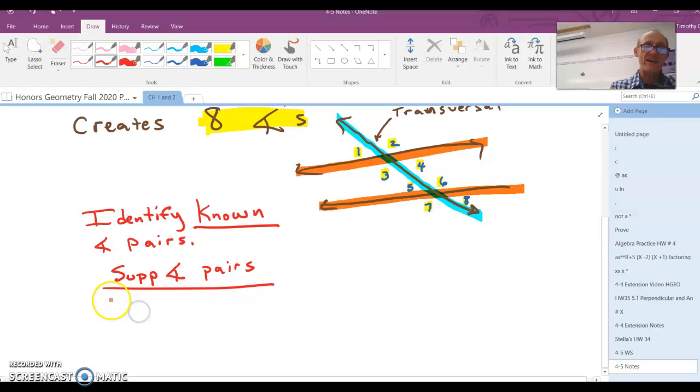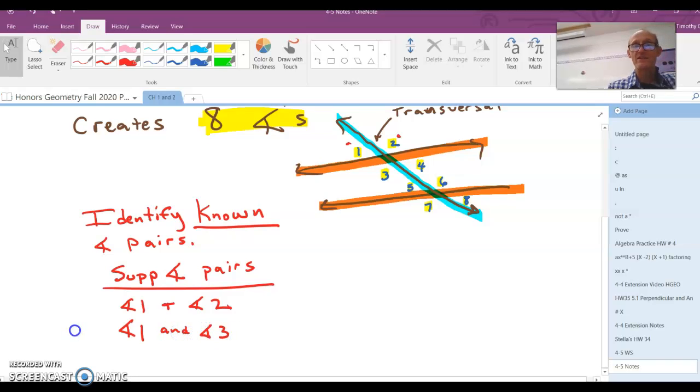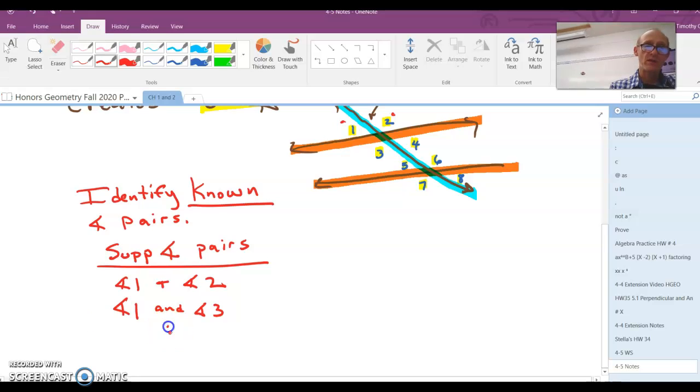We can see that angle 1 and angle 2 are supplementary. Angle 1 and angle 3. Now we could sit there and name a whole bunch of them. 1 and 2, 3 and 4, 2 and 4, 1 and 3, 5 and 7, 6 and 8, 3 and 4, 5 and 6. We can keep going with those supplementary angle pairs.